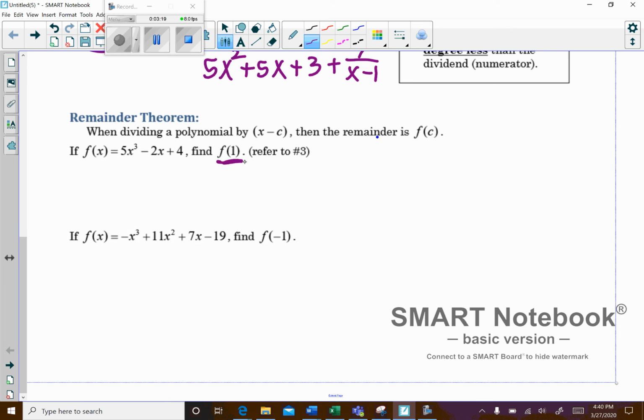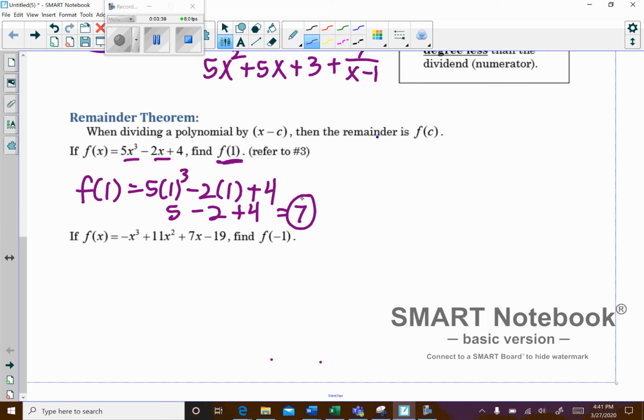And if you really wanted to, and in this problem it wouldn't be all that difficult, if you plugged in f of 1, you would have 5 times 1 to the power of 3 minus 2 times 1 plus 4. And so this would become a 5 minus 2 plus 4, and you add that all up, that's going to equal 7, right? You see it equals 7.